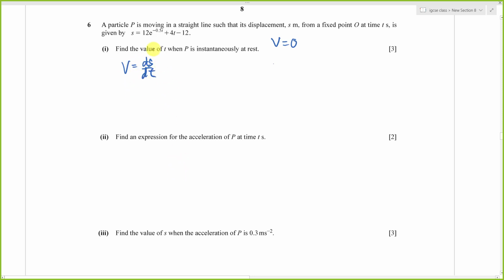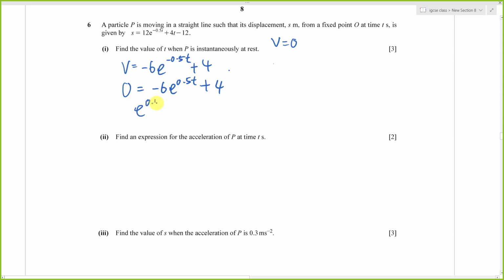Of course in the exam you don't need to write ds/dt. I just let you know. So I need to differentiate this one. If I differentiate, I get negative 6e^(-0.5t) plus 4. When v equals 0, I will just sub into here: -6e^(-0.5t) plus 4 equals 0.